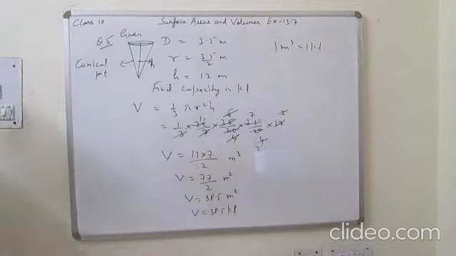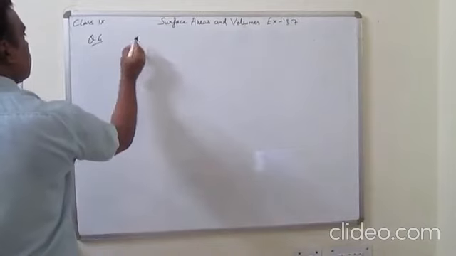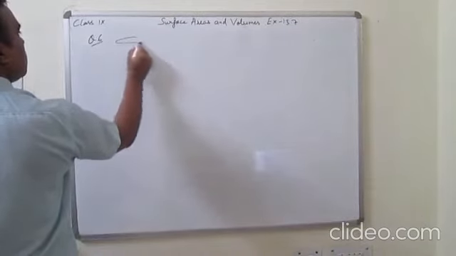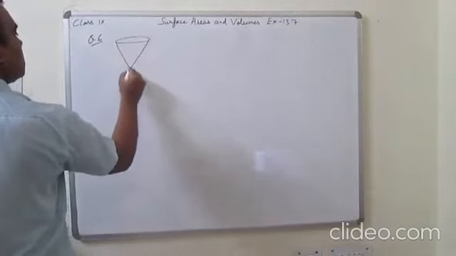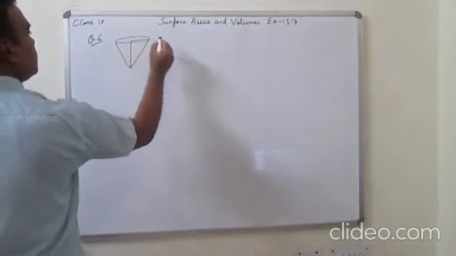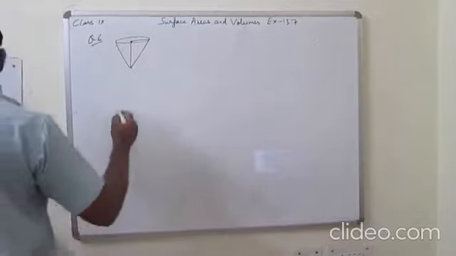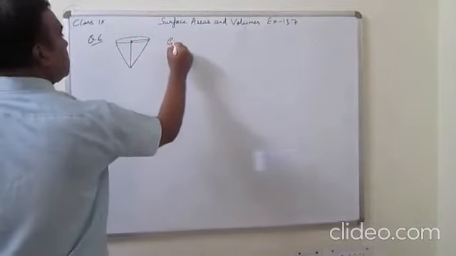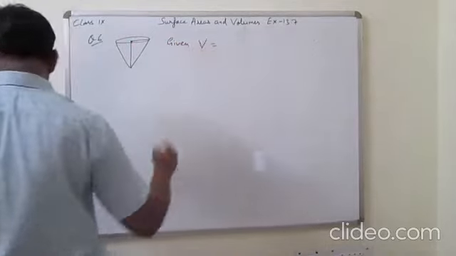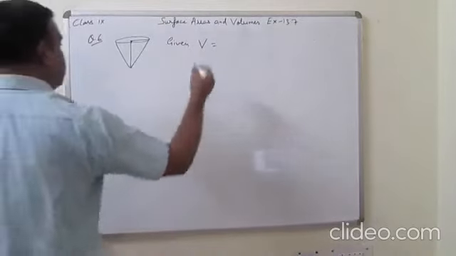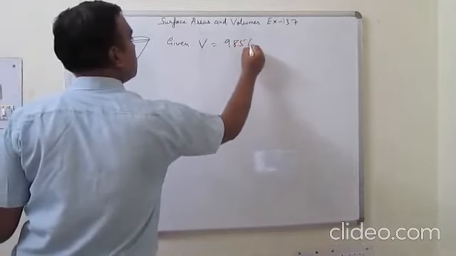See this question, question number 6. The volume of a right circular cone is given to you, and its volume is equal to 9856 centimeter cube.